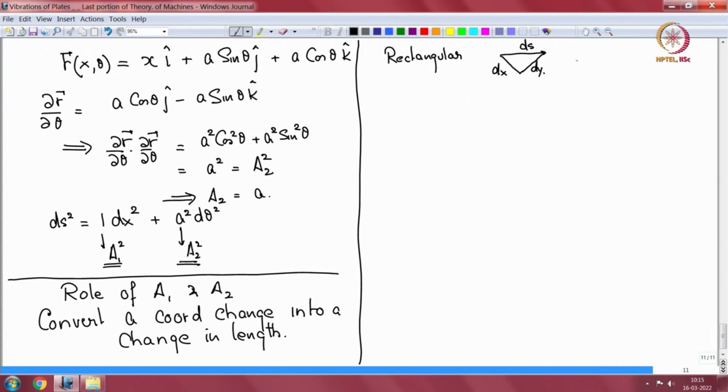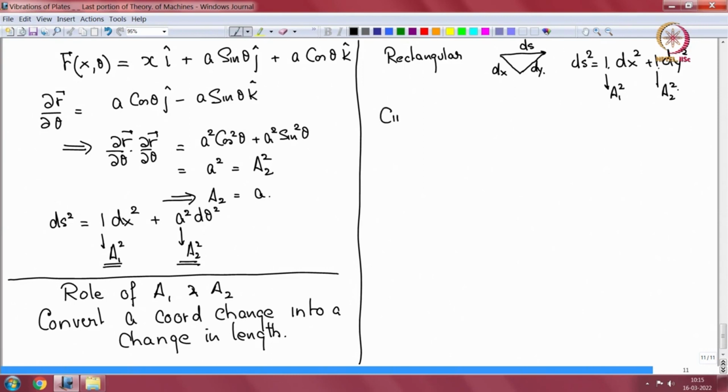So ds squared is equal to dx squared plus dy squared. There is a 1 here, which is A1 squared, and this is A2 squared. So dx and dy are already in length form, and therefore A1 and A2 are 1 each.